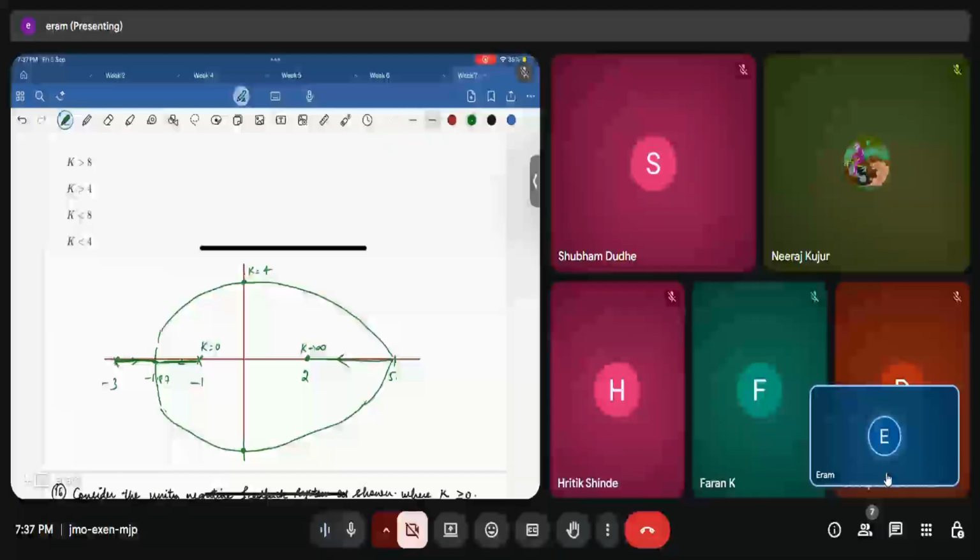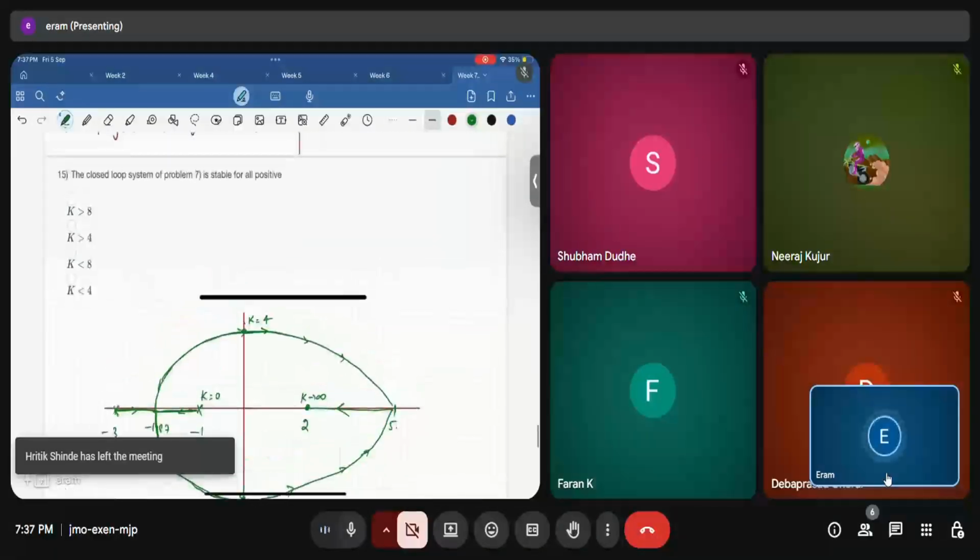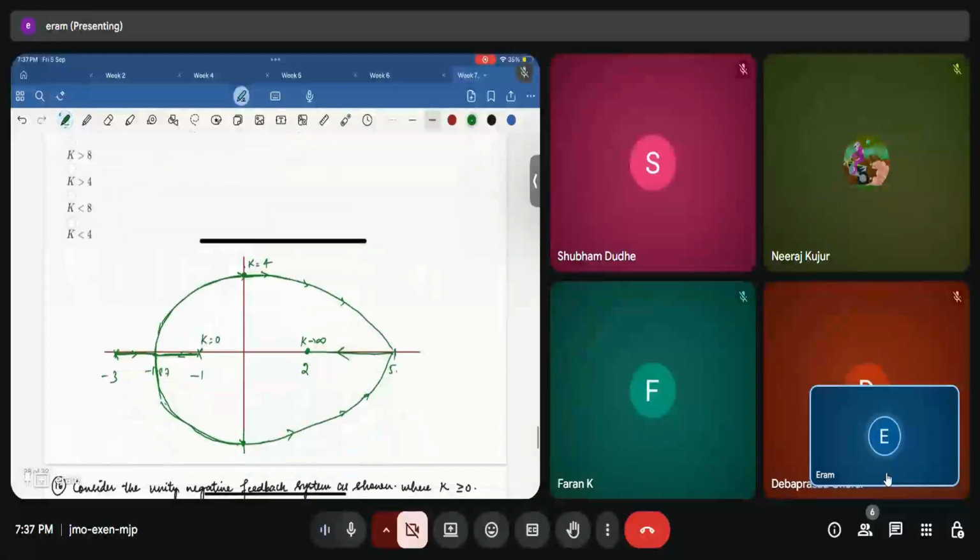We increased k up to 4 and up to that point we were still on the LHS, meaning our closed loop poles are strictly on the negative half of the s plane. The moment we go beyond k equals 4, our closed loop poles are on the RHS. So the closed loop system is stable for what range of k?